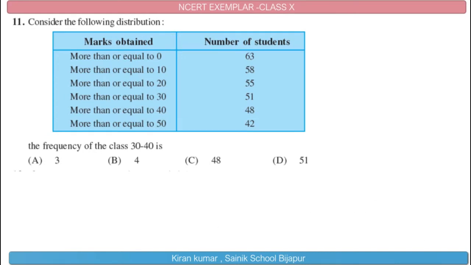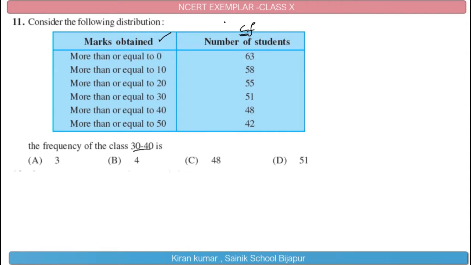Question number 11. Consider the following distribution. The frequency of the class 30 to 40 is. Here, whatever the number of students mentioned, it's the cumulative frequency. We need to find out the frequency. For that, look at these marks obtained.